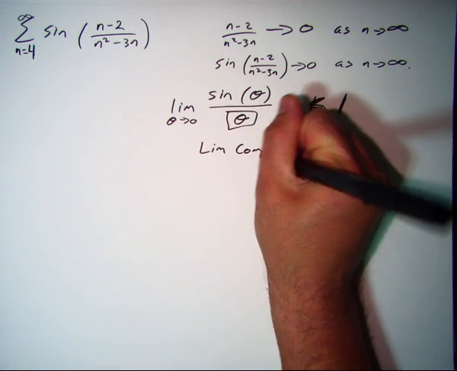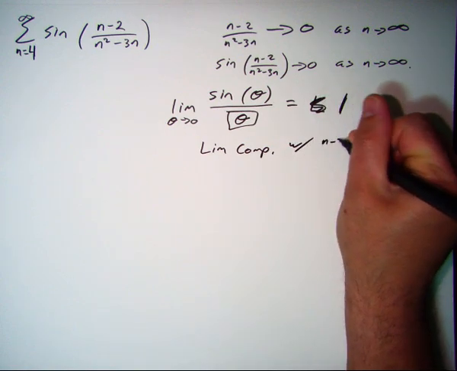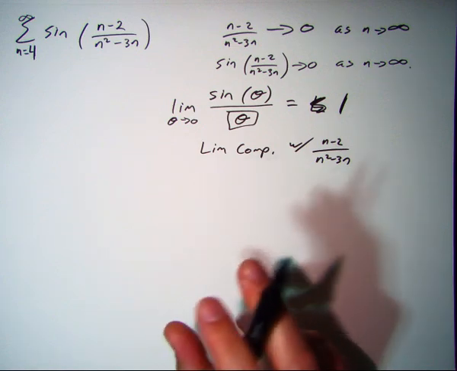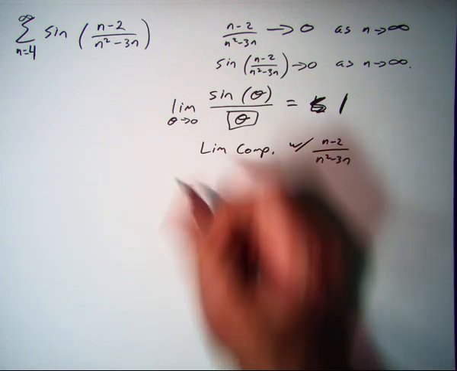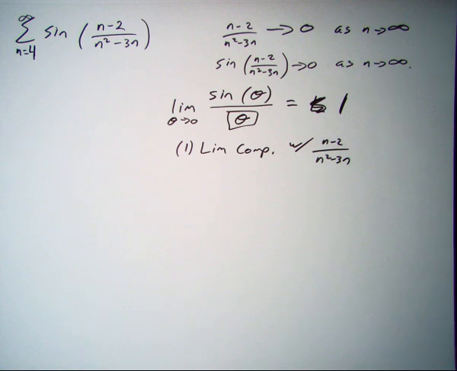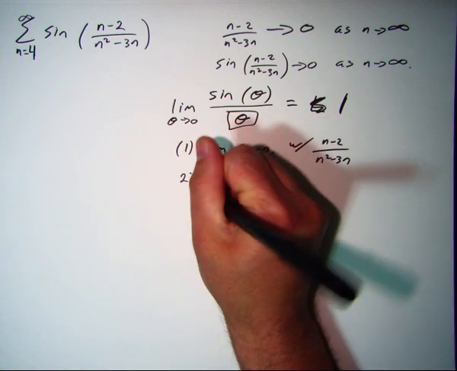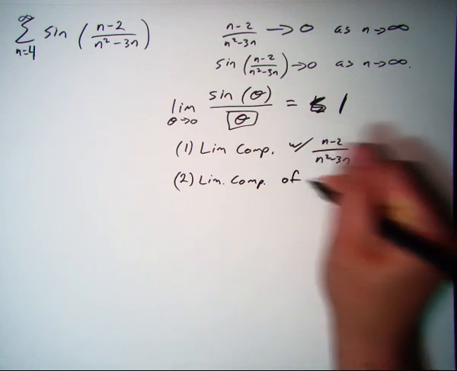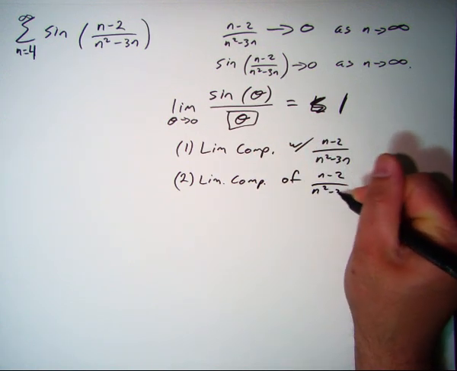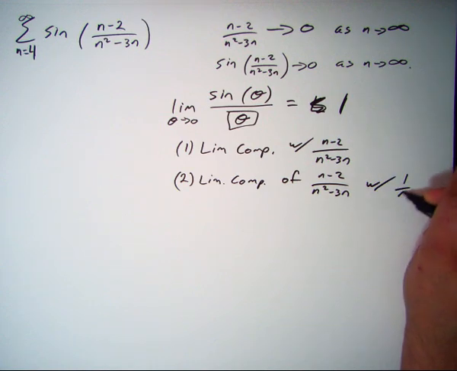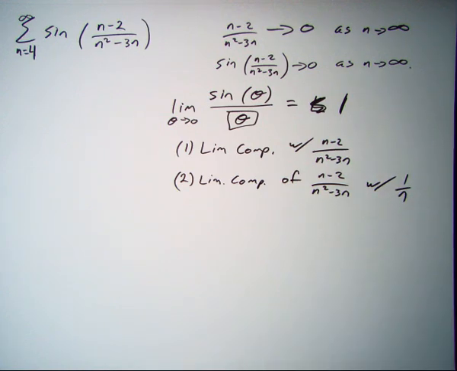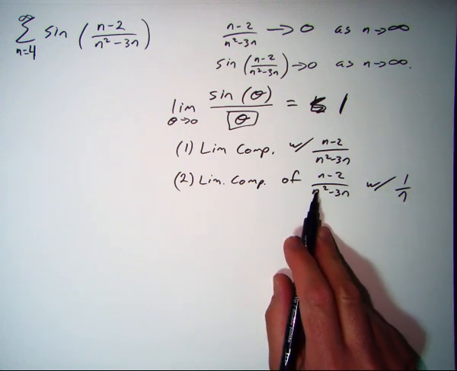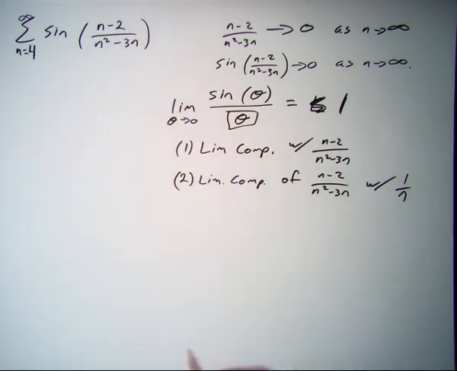So, limit comparison with (n - 2)/(n² - 3n). I can do it in one of two ways. I can say my first test will be limit comparison with that, and then the second test, I can use limit comparison of (n - 2)/(n² - 3n) with the 1 over n that it clearly resembles. This diverges, therefore this diverges.